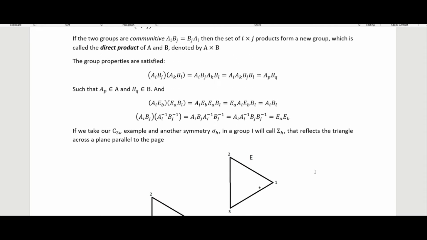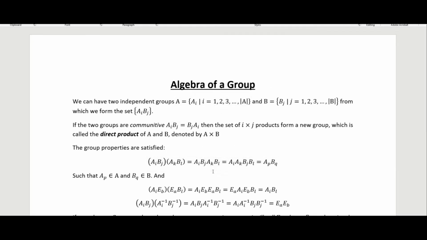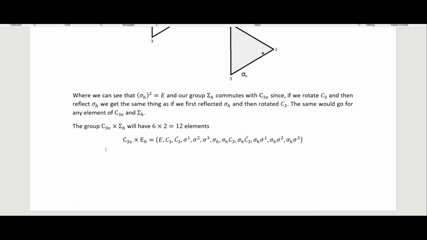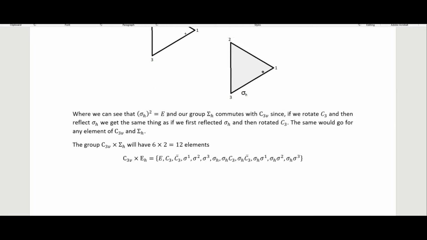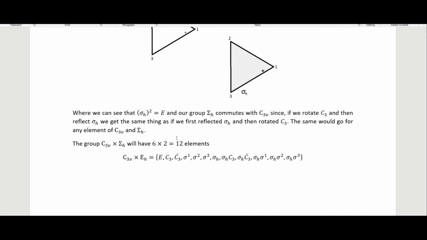We can take that and our C3V, and we can do essentially what I was showing more generally up there. We can see that if we do this operation twice, we just get back the identity element, because if you reflect this and then reflect it back again, you just get back to where you were.